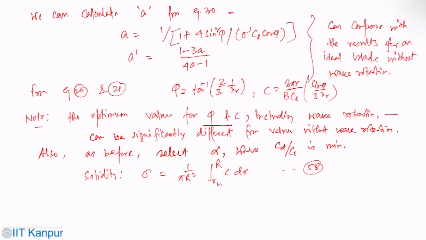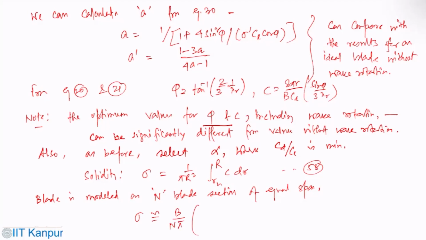And when the blade is modeled as a set of N blade sections of equal span, then we can have solidity defined as B by N pi times the summation of i equals 1 to N of Ci by R. So that's how you can also find out the optimum blade rotor solidity.